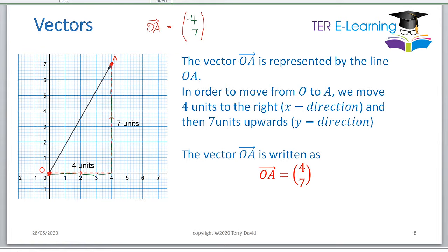Now the numbers 4 and 7, I'm getting those numbers in terms of my movement. So keep this in mind: we always move in the x direction first, and then we move in the y direction. So don't tell me that the vector OA is, let's say, 7, 4. This is wrong. That is not the vector OA. I must move in the x direction first, then in the y direction.